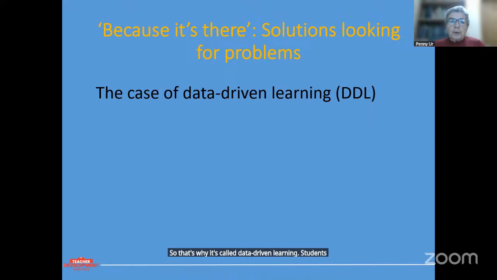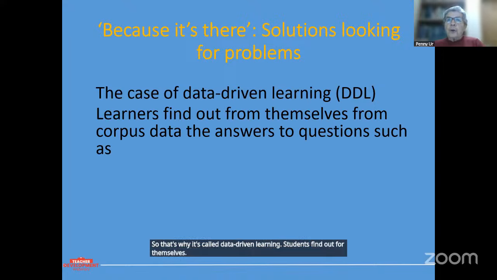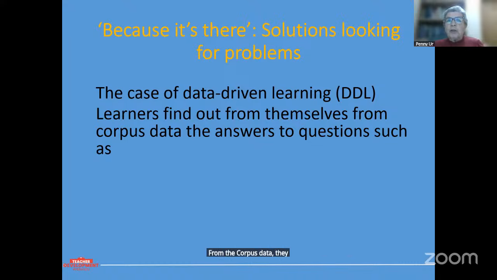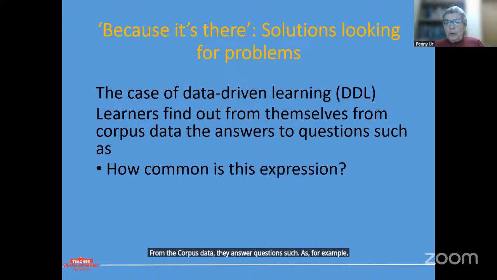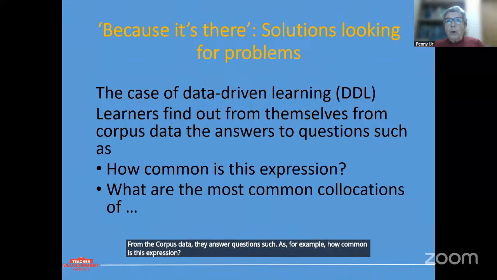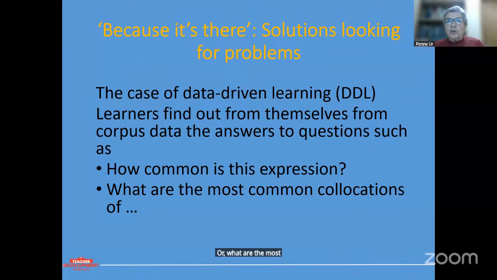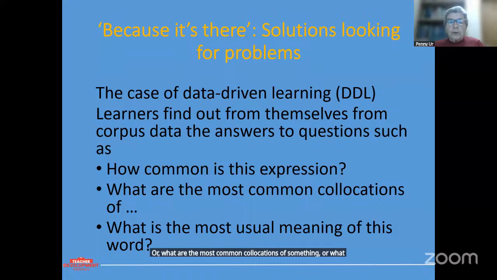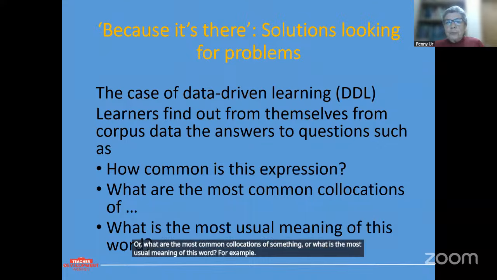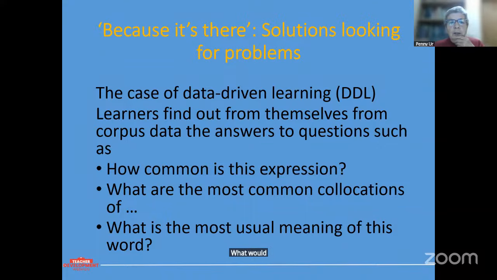Students find out for themselves from the corpus data the answers to questions such as, how common is this expression? Or what are the most common collocations of something, or what is the most usual meaning of this word? For example, what would you say is the most common meaning of the word pretty?